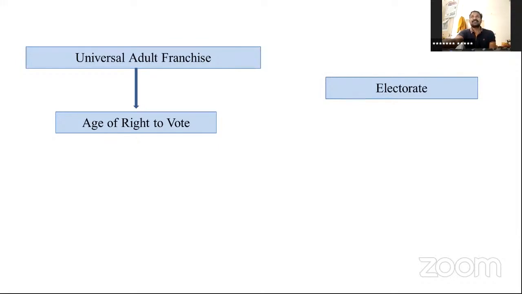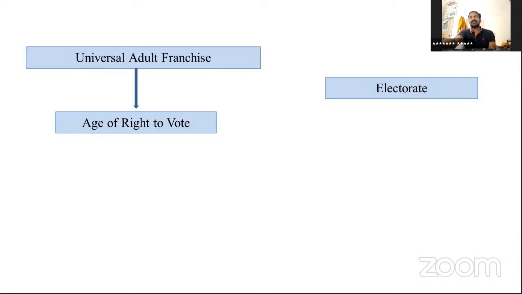After the 61st amendment of our Indian Constitution in 1988, the age of the right to vote was reduced from 21 to 18 years.